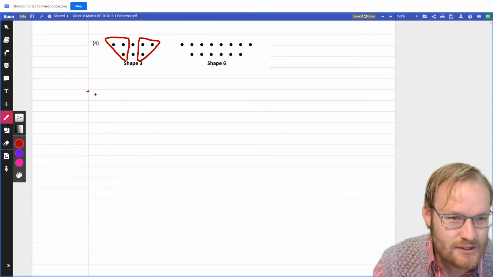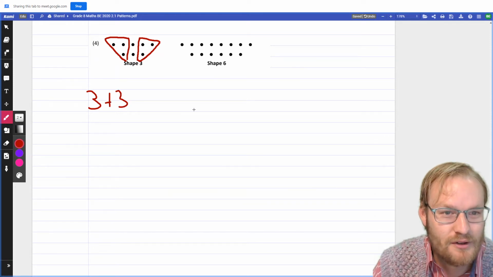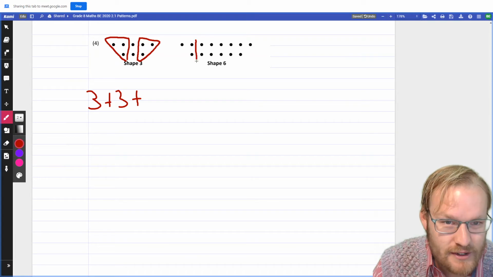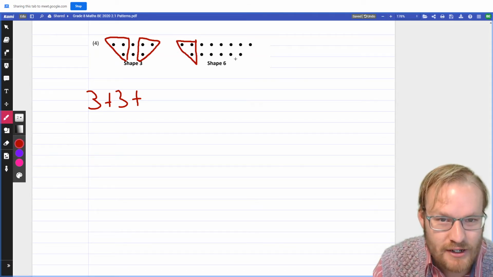That triangle is 3. That triangle is 3. That's how I'd start. Then I need to add these groups of 2. Let's see how it works with shape number 6. There's a triangle, there's that triangle. So this deconstruction seems to be working nicely.